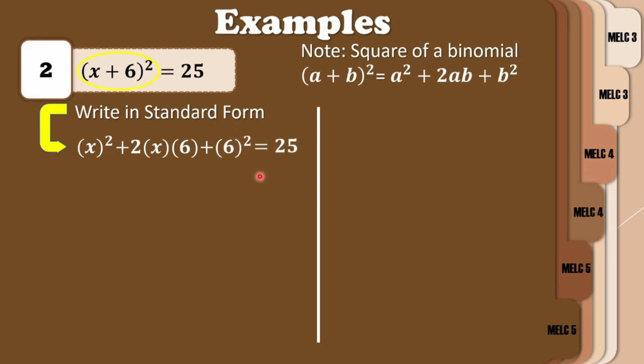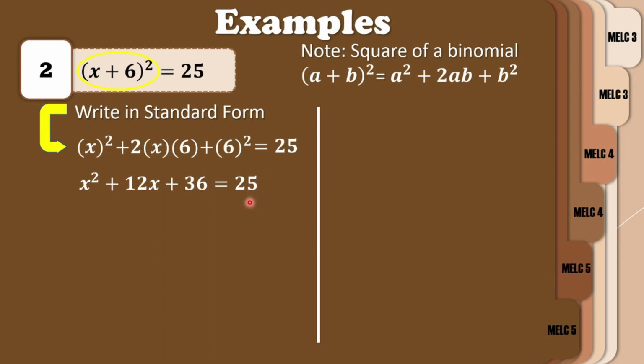Then, simplify lang natin ito. We have x squared plus 2 times 6, that is 12. Then, times x, that is 12x. Plus 6 squared, that is 36. Then, copy equal to 25. So, hindi pa ito ang standard form kasi hindi pa siya nakaka-equate sa 0.